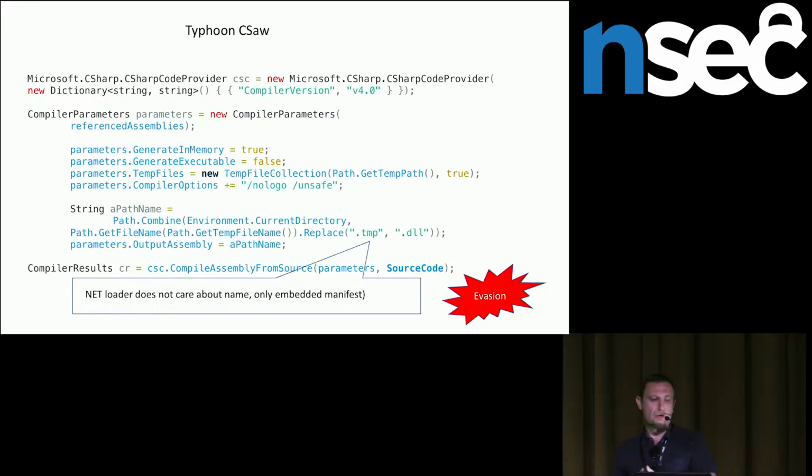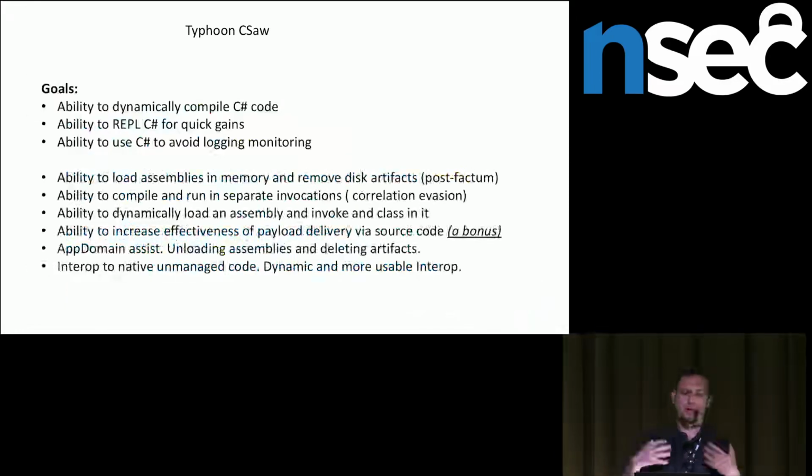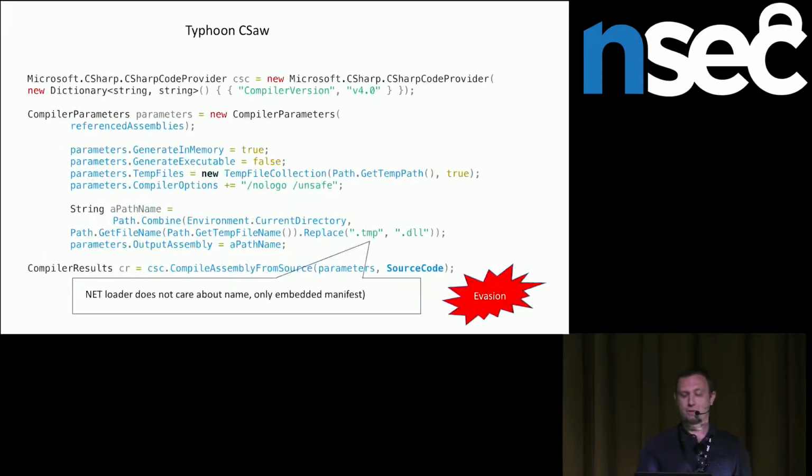So what is the goal for our seesaw, right, beyond REPL? It is the dynamic compilation of C# code, the dynamic loading of assemblies into memory, and removing those disk artifacts that we may potentially have here, if we decide to dump a temp file somewhere.